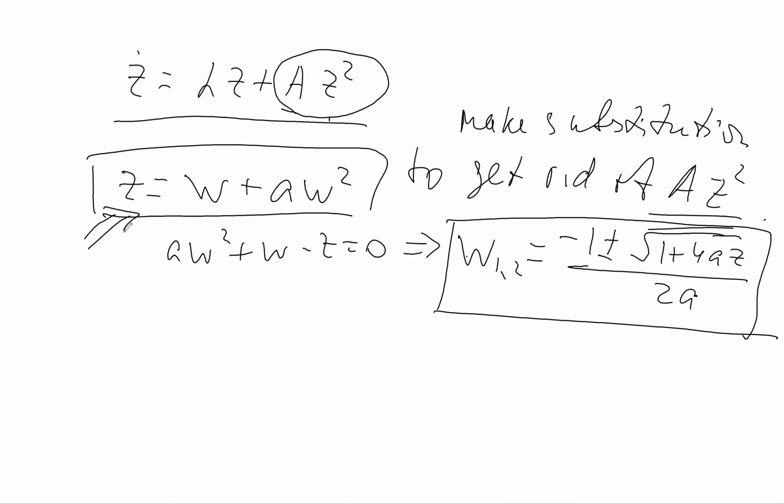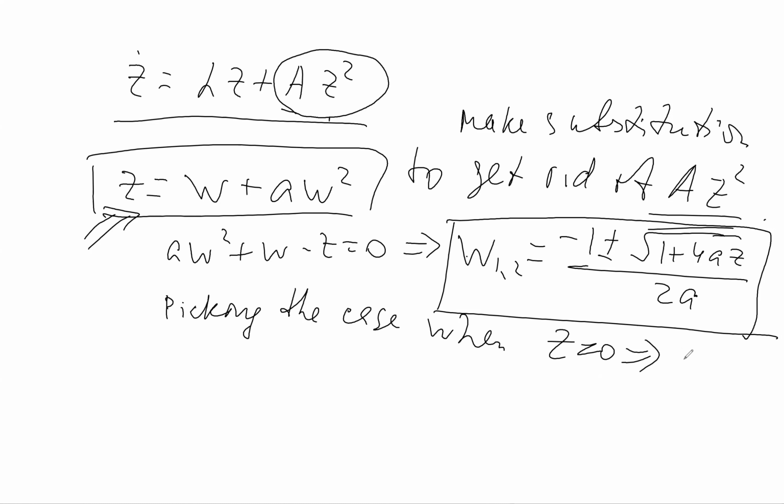It means that if we look for the inverse transformation, we end up with two possibilities, and from these two possibilities we should pick one. We pick the case when z equal to 0 means w equals to 0.